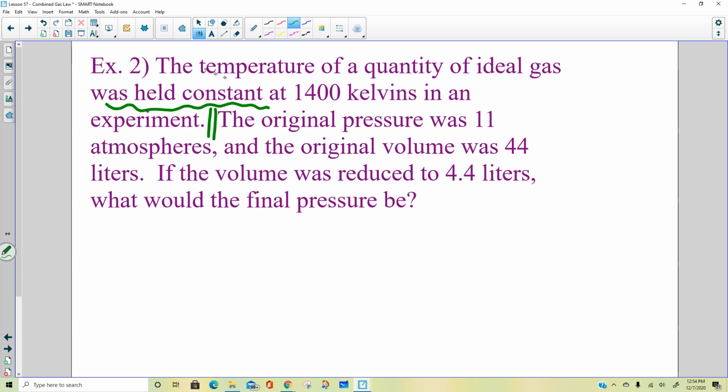If you see this key phrase, was held constant, that means T1, my initial temperature, is the same as my final temperature. It was held constant. So we have equality. Let's see what exactly that does in our formula.